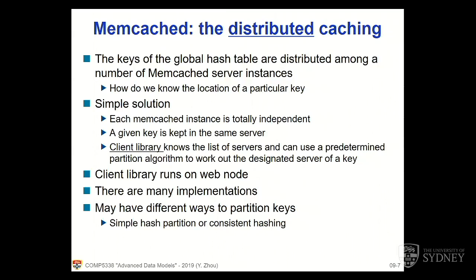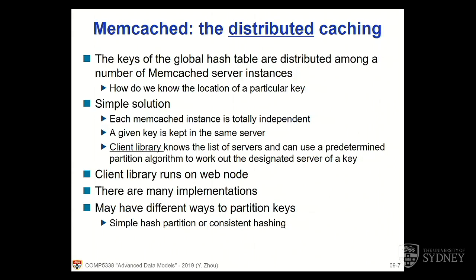We don't want this to be very complicated, because then we might spend lots of time figuring out where the key is, or maintaining the location. The simple solution is to make sure each memcached instance, which is a process, is totally independent.